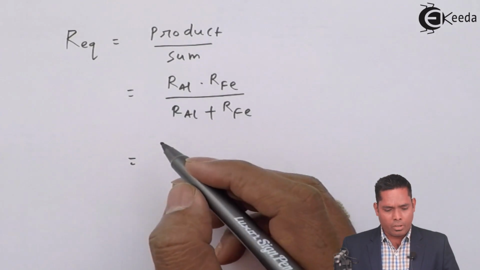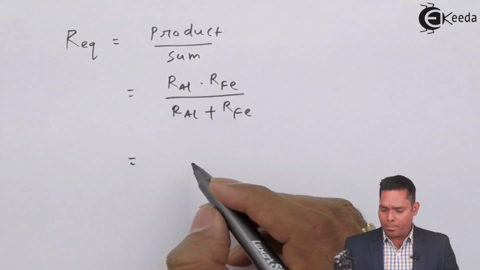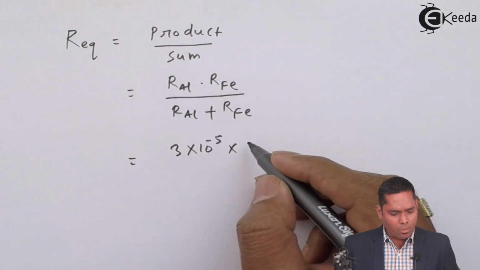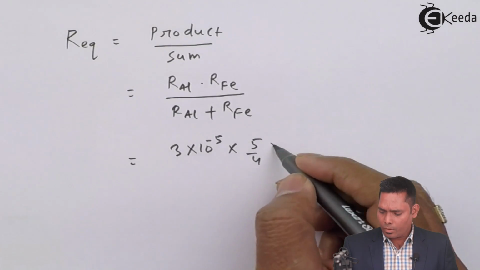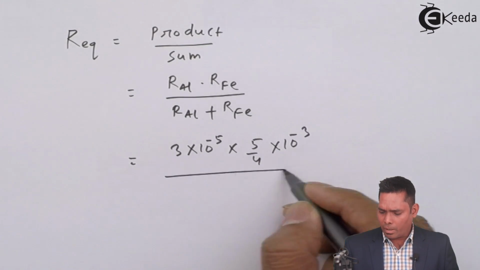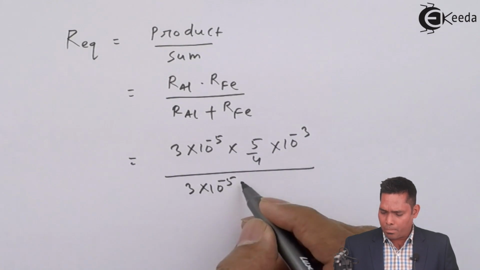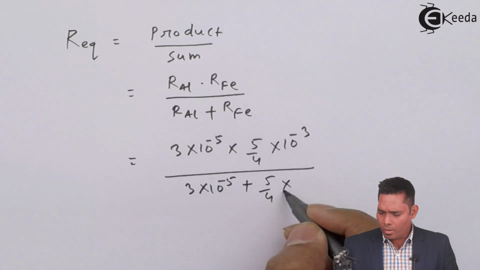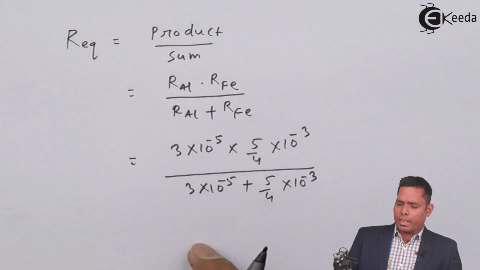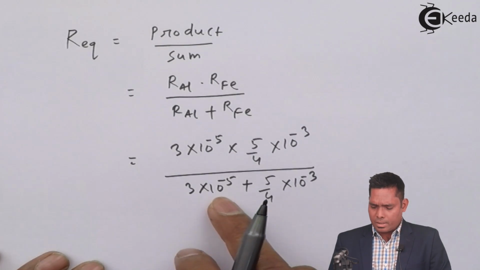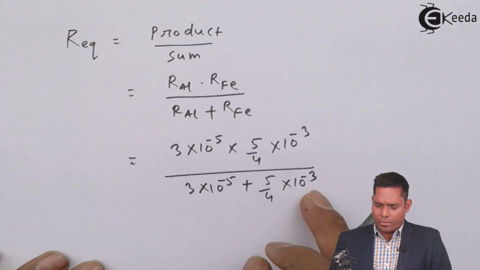So R aluminum value is 3 × 10^-5, and R iron is 5 by 4 × 10^-3, divided by the sum of the two numbers, 3 × 10^-5 plus 5 by 4 × 10^-3. So we can do one thing, that 10^-5 I can cancel.